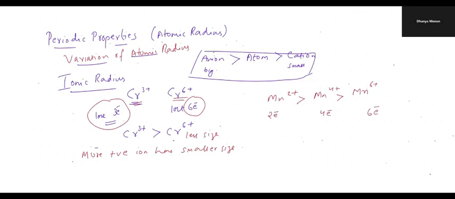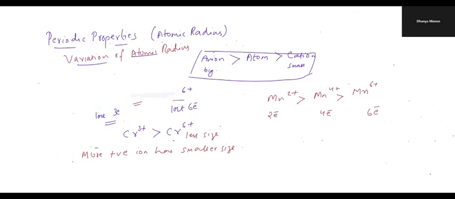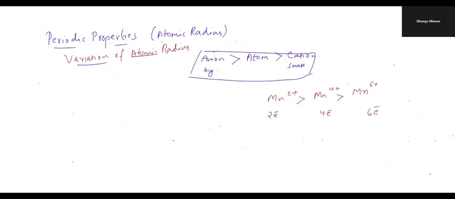So let's go to the trend of ionic radius along the period and along the group. Along the period, from left to right, what's happening to the charge? Charge is increasing. So it's a regular trend.